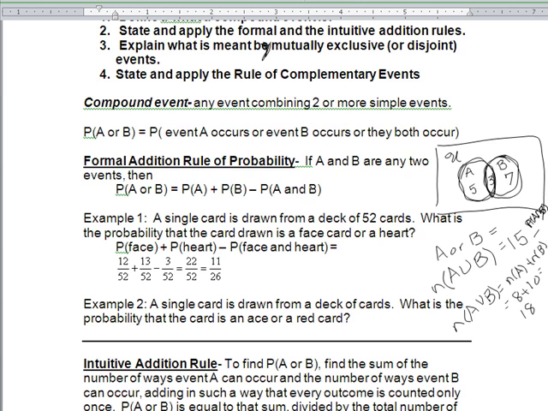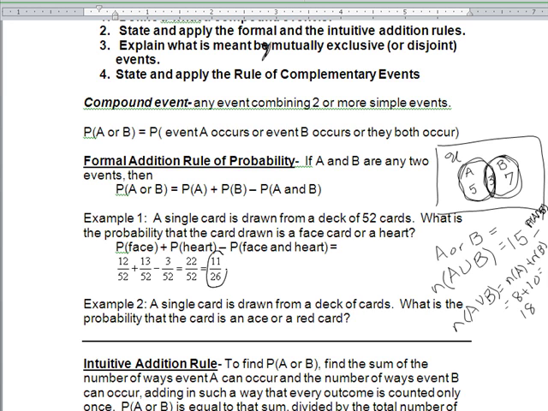But recognizing that we double counted the face cards that are hearts, there are 3 of those, we have to subtract the probability of getting a face card and a heart. So we want to subtract the 3 heart face cards. So 25 minus 3 would be 22 over 52, and we reduce that. We get 11 over 26.